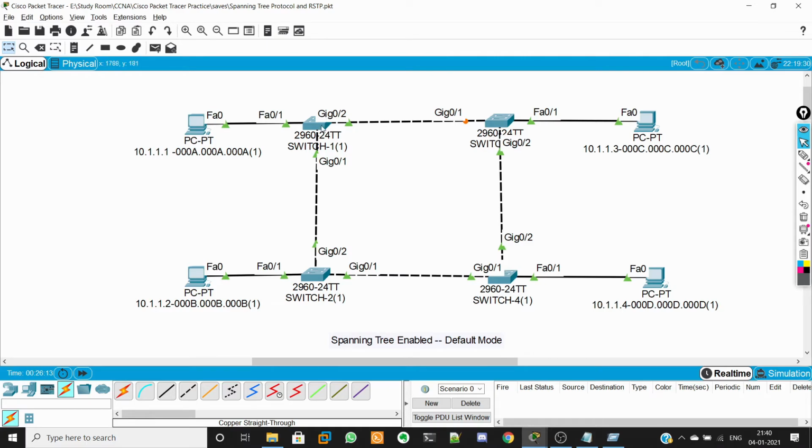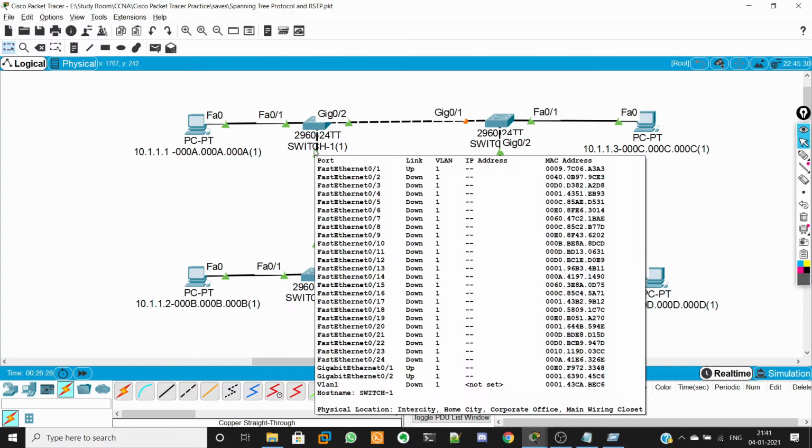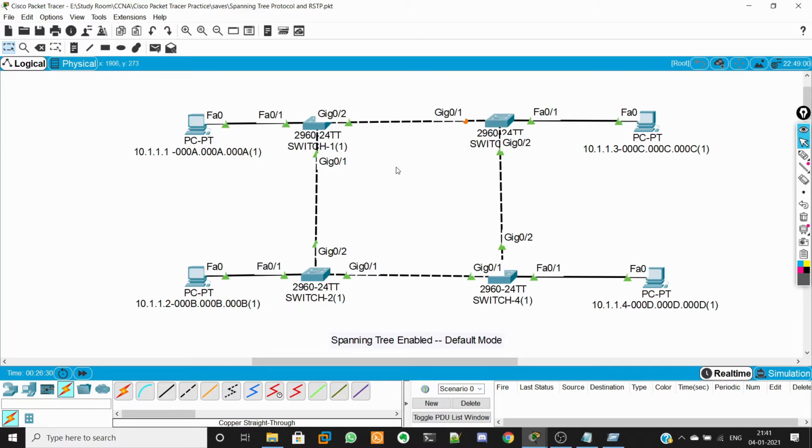To elect the root port, it simply uses the interface cost. So in a switch, every interface will have its own cost. Every switch will look through which of its interfaces it can reach the root switch at minimum cost. So the interface which has the minimum root cost will be the root port. That root port will always be in forwarding state. In this network, these three switches are non-root switches.